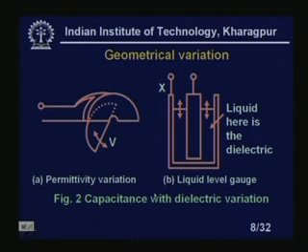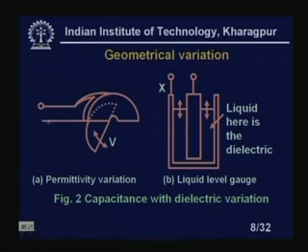Now, in this geometrical variation, instead of the displacement between the plates or the area between the plates, the permittivity, or the dielectric medium between the two plates, is varied.